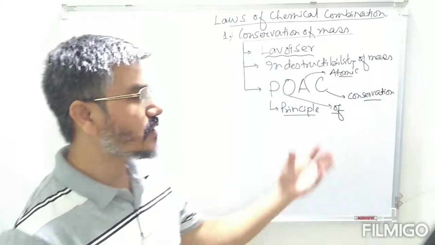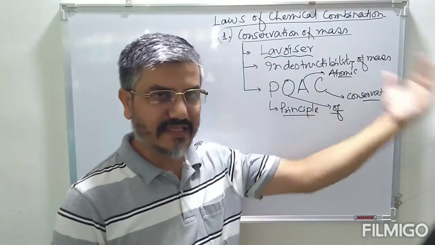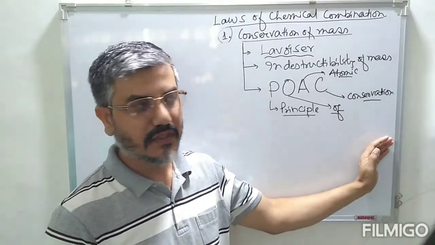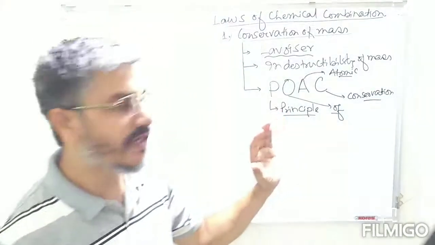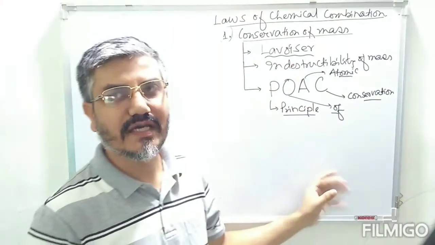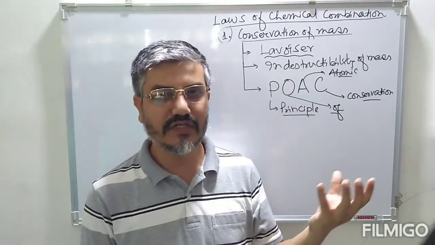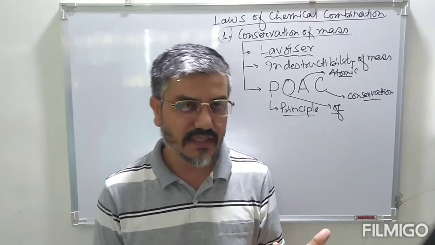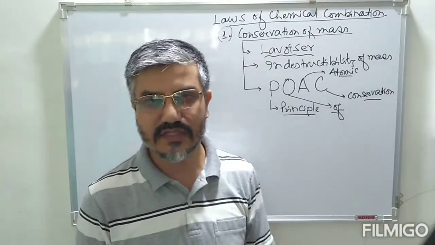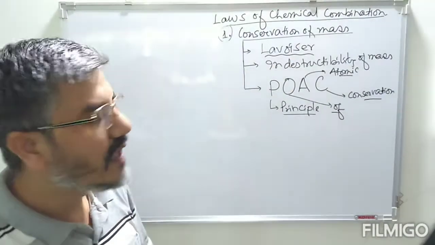The total number of atoms in the reactants before the reaction should be exactly equal to the total number of atoms present in the products. This conservation of atoms in any given chemical reaction is the basis for conservation of mass. If the atoms before the reaction and the atoms after the reaction are the same, then obviously the mass before the reaction and the mass after the reaction has to be exactly identical. This is what we call conservation of mass.